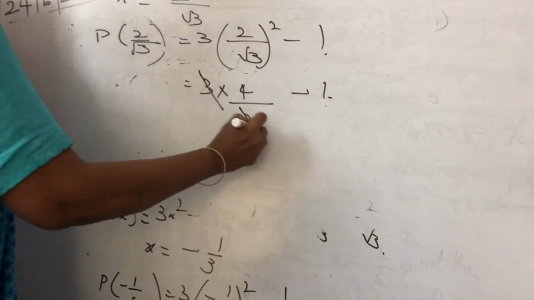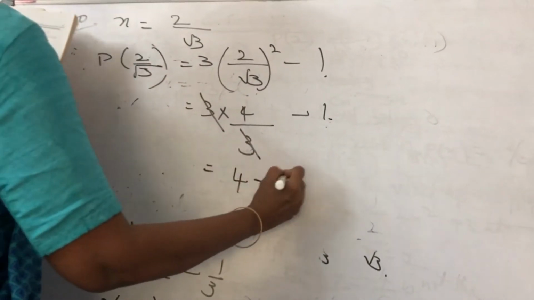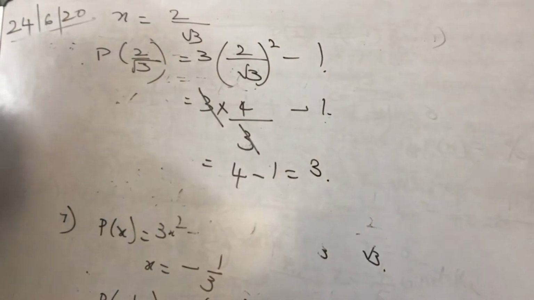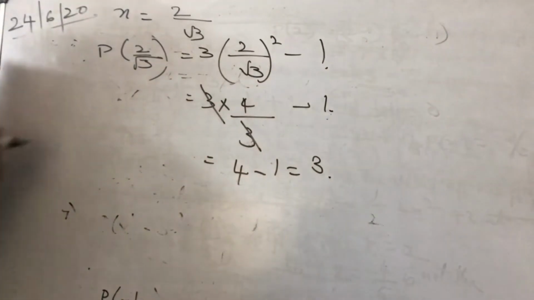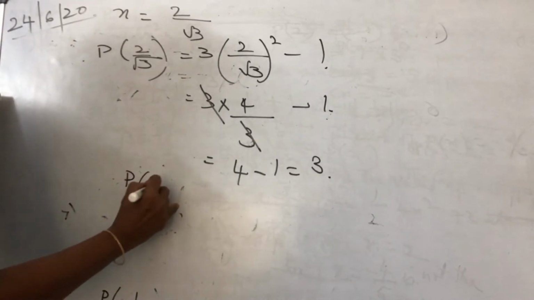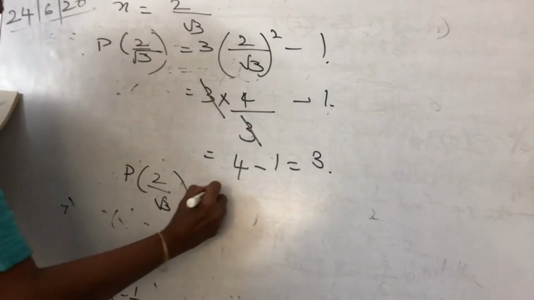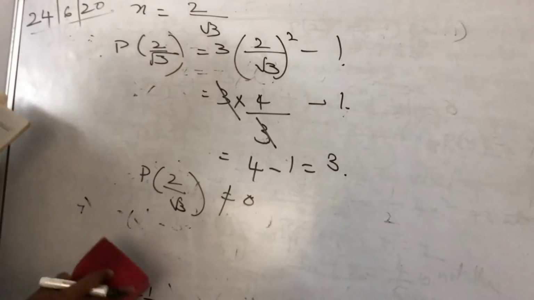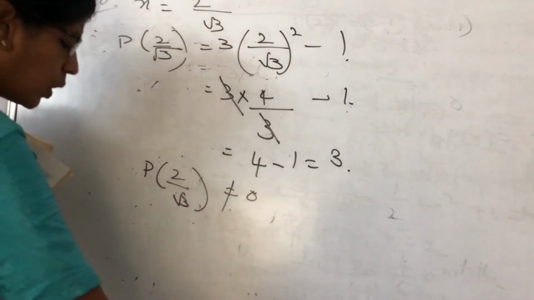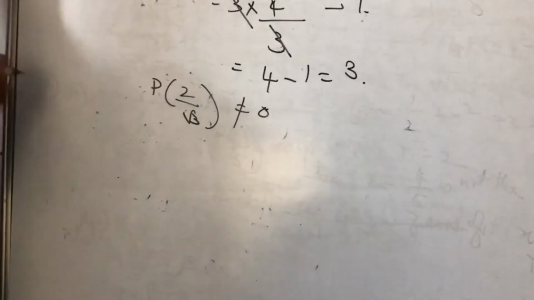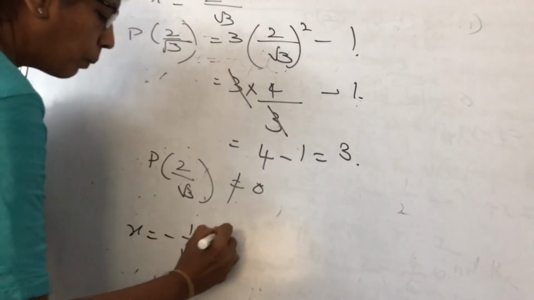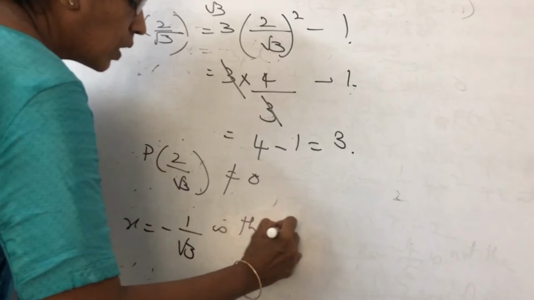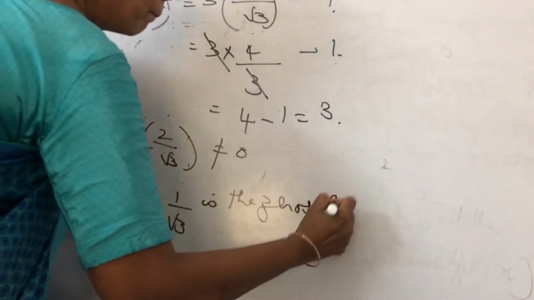Cancellation is possible. 4 minus 1 is 3. So, it did not give you 0. On substitution, 2 by root 3 is not giving 0. So, which value gave you 0, children? Only minus 1 by root 3. x is equal to minus 1 by root 3 is the zero of P of x.